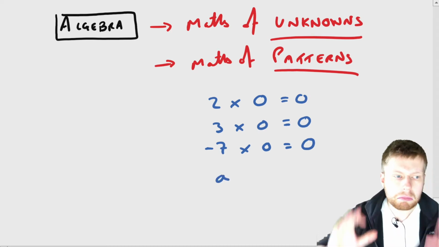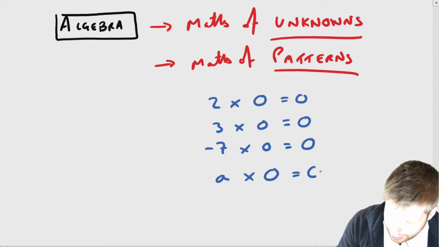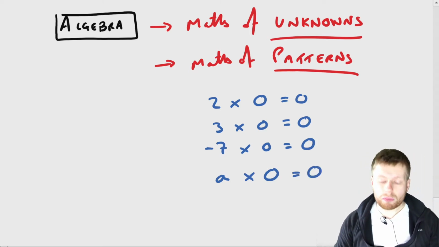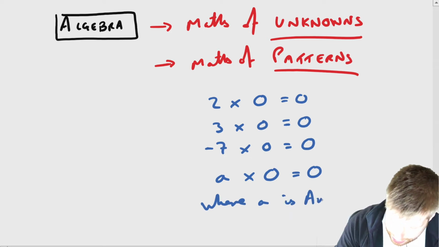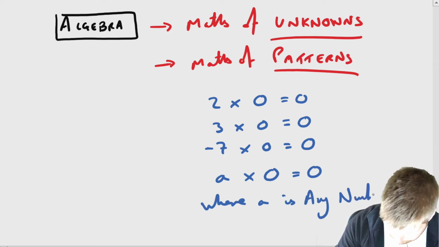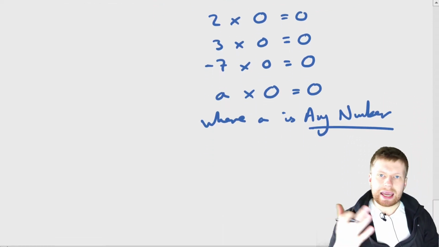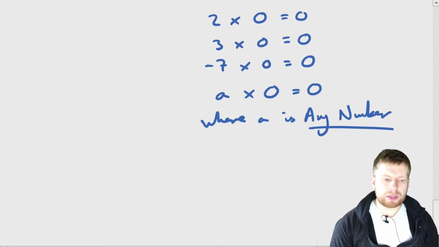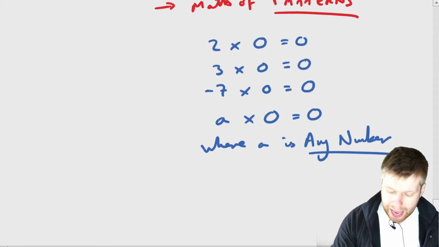If I take a number, let me call it A, and multiply it with 0, that gives me 0, where A is any number. So here I've noticed a pattern: any number times 0 is 0. Therefore, I've generalized this using algebra.